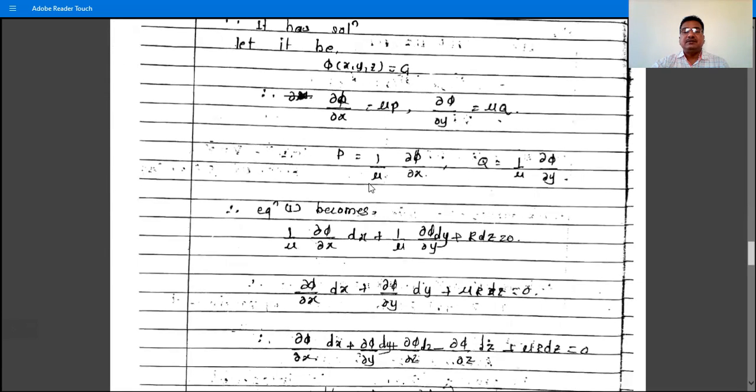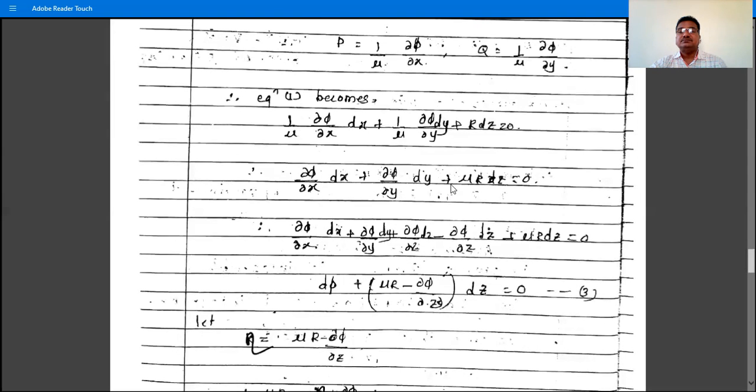1/mu ∂phi/∂x dx plus 1/mu ∂phi/∂y dy plus r dz is equal to 0. Multiplying by mu, we have ∂phi/∂x dx plus ∂phi/∂y dy plus mu r dz is equal to 0.